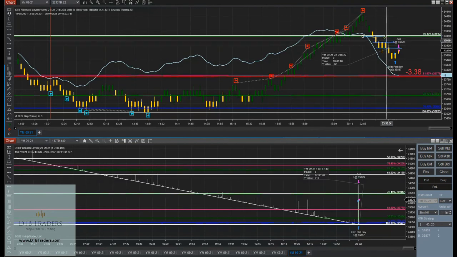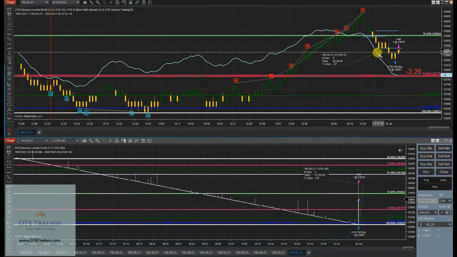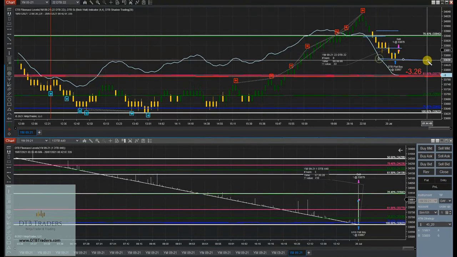Or you could sell at that level, have your stop above the Fibonacci levels and target prices lower down. So that could also be another option.